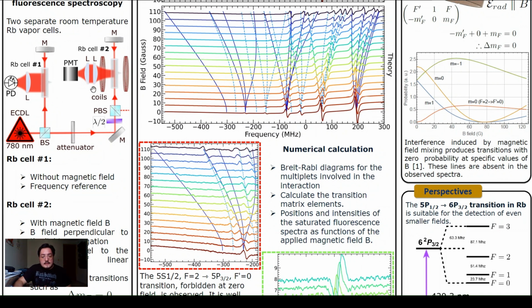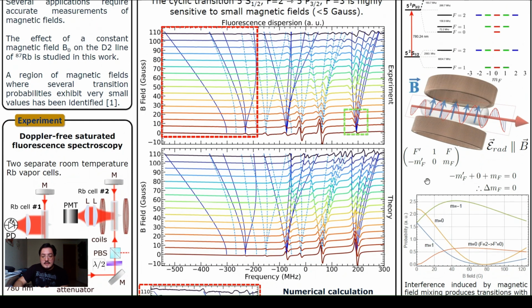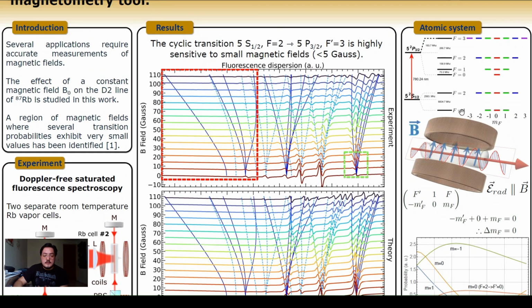To understand these measurements, it is important to review the electronic structure of the atomic system. The hyperfine states of the ground 5s level are separated by more than the Doppler width, and therefore, by tuning the laser frequency, one can select the isotope and lower hyperfine state of the transition.